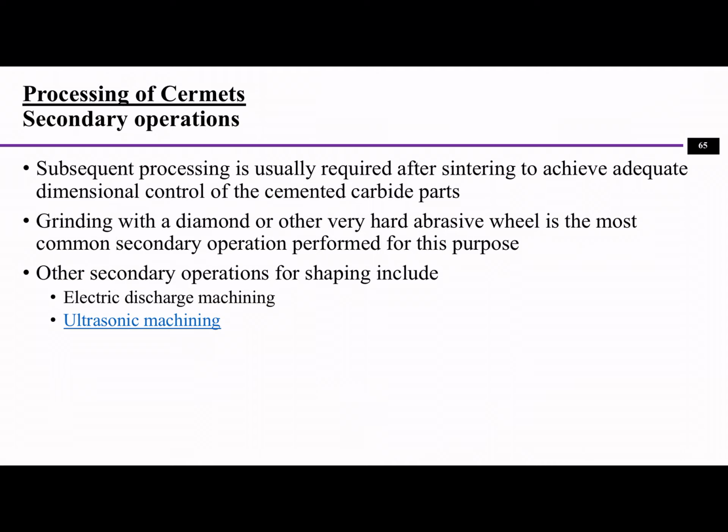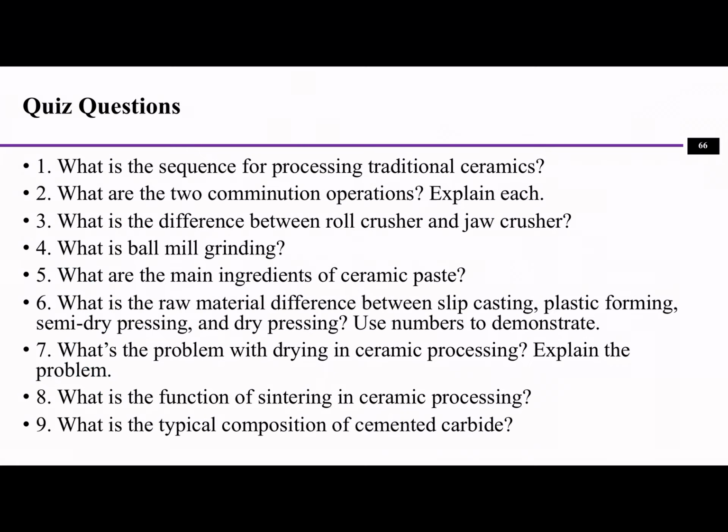Some other secondary operations for shaping include electric discharge machining. EDM is also a very typical machining process in advanced manufacturing, and also ultrasonic machining as well. You can watch the video about ultrasonic machining from these slides. All right, so these are the questions for processing of ceramics. And that's all for this lecture.